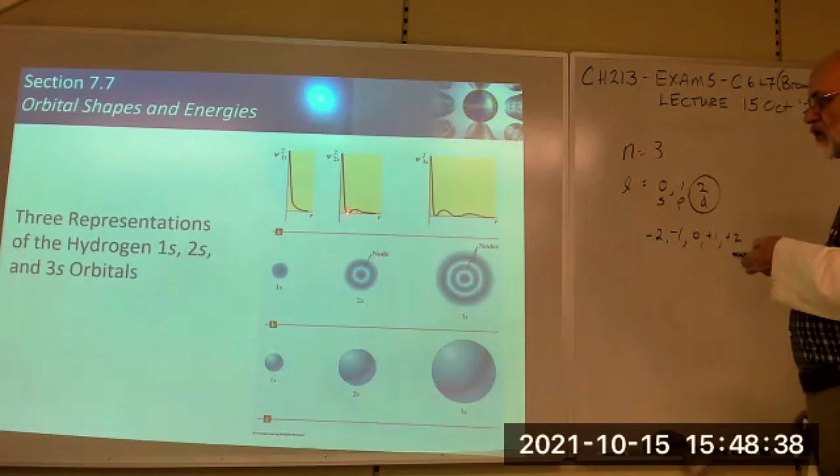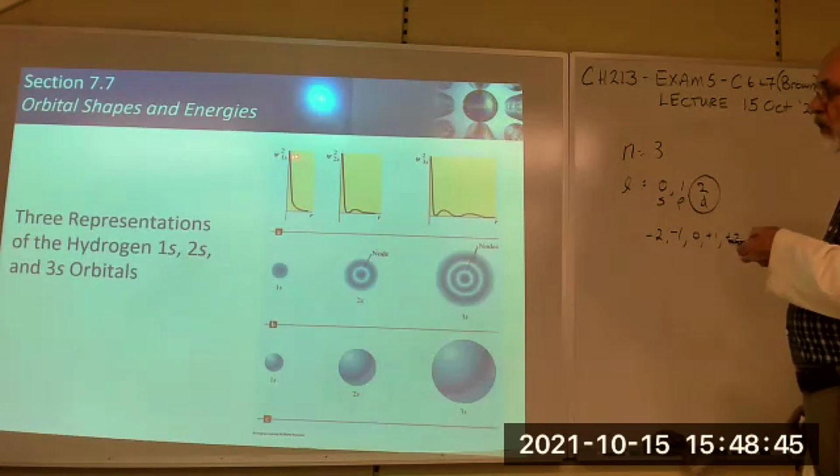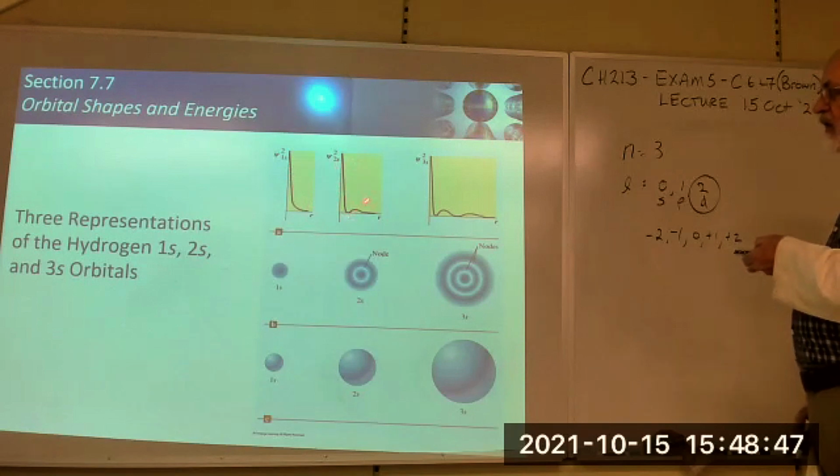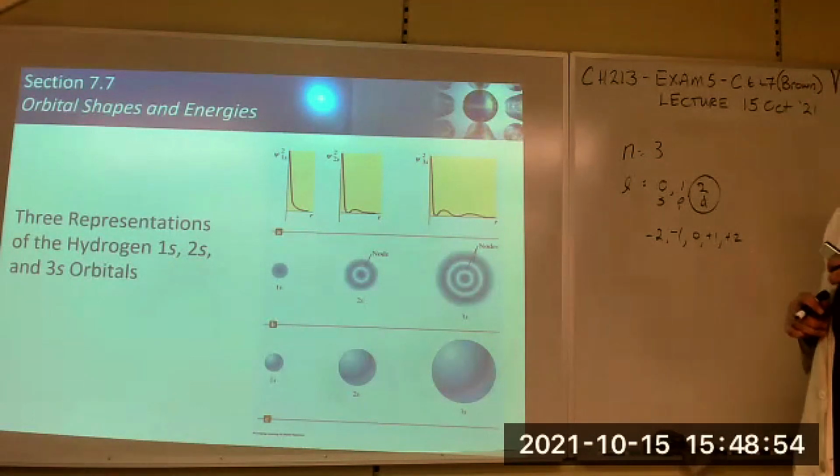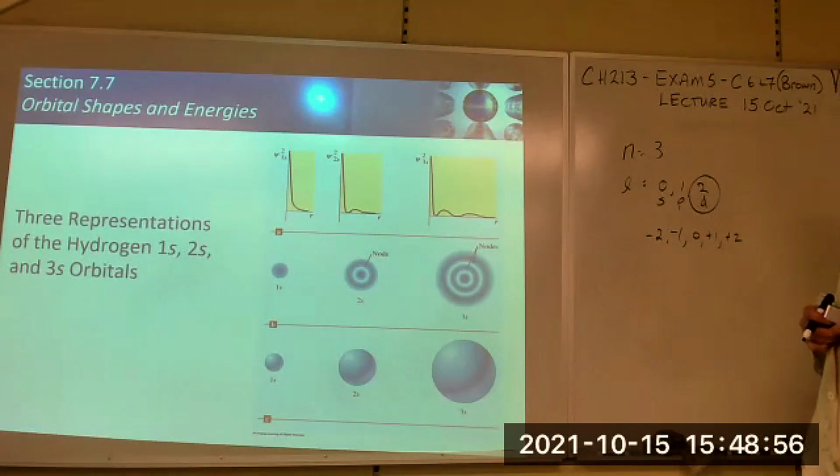This is called a node. The 3s orbital has 2 nodes. So 1s has no nodes, 2s has 1 node, 3s has 2 nodes, where the probability of finding an electron in that region is 0.